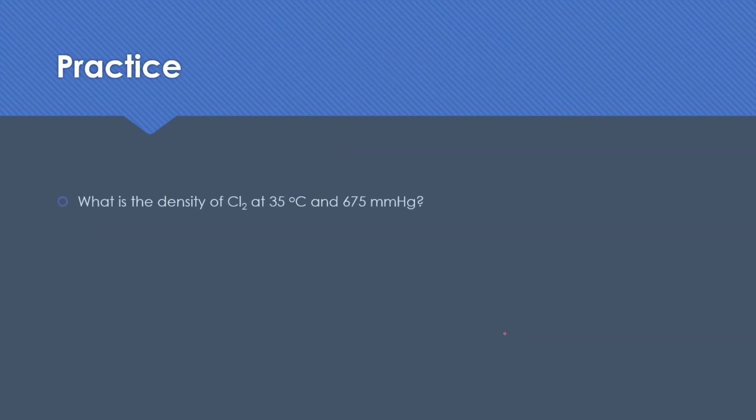So what is the density of chlorine at 35 degrees Celsius and 675 millimeters of mercury? Well, density is pressure times molar mass divided by R times T. The pressure is 675 divided by 760, which is 0.888 atmospheres.